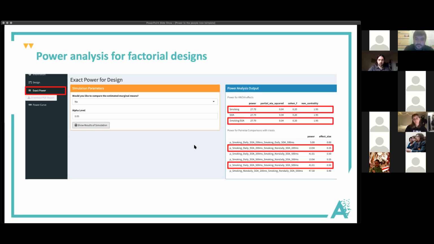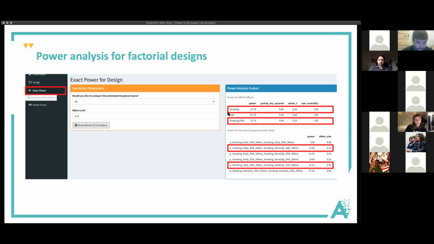Please let me know if you see things slightly differently, and we can try and explore where the error is. And what it will do, reiterating this point, is that you don't get one value for power. Depending on the pattern of means, you're going to get different values depending on the effects you're anticipating.